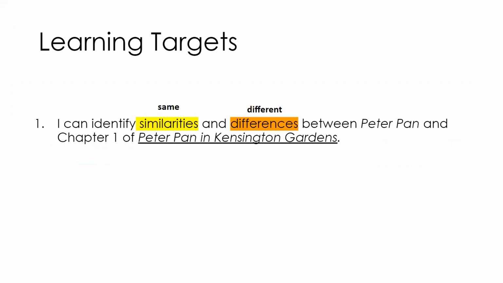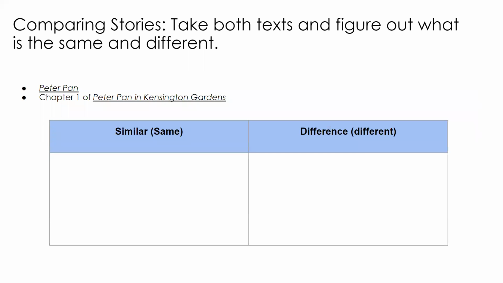Okay, let's zoom in to our learning target again. I can identify similarities, what's the same, and differences, what's different, between Peter Pan and chapter 1 of Peter Pan in Kensington Gardens. So I'm going to give an example of comparing the stories. Taking both texts to figure out what is the same and different, I have to think about Peter Pan and then what I just read in Kensington Gardens. What's the same about the two?